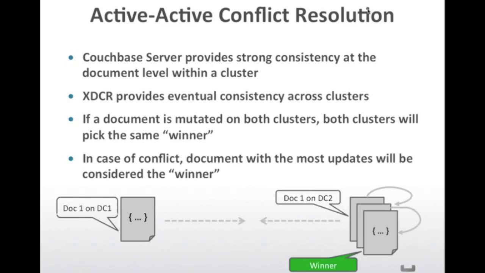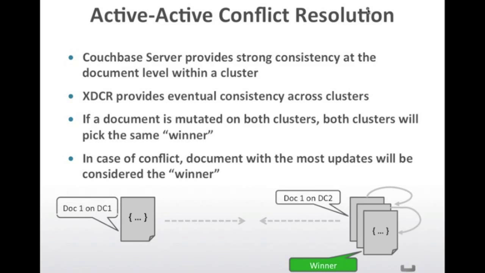What happens when there are conflicts? I'm sure this is a question that you have. So when you have active-active clustering, you could have conflicts that happen. Couchbase provides strong consistency at a document level within a cluster. But across clusters, if you try to do strong consistency, that will be too much of an overhead.